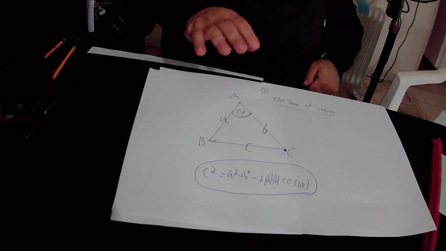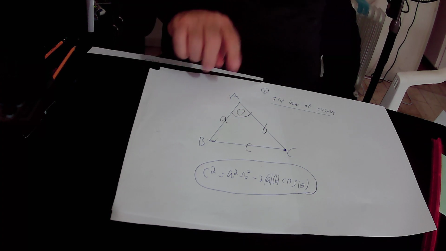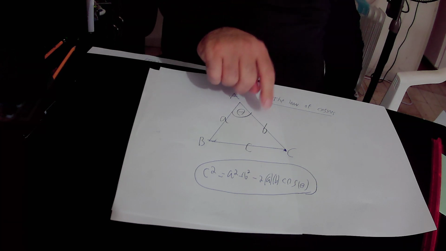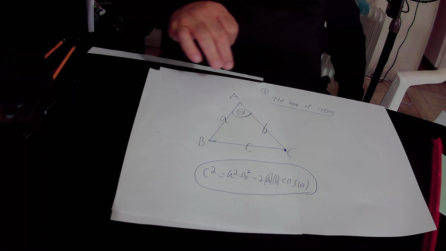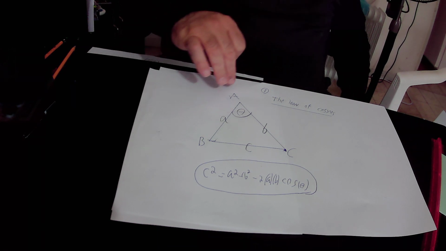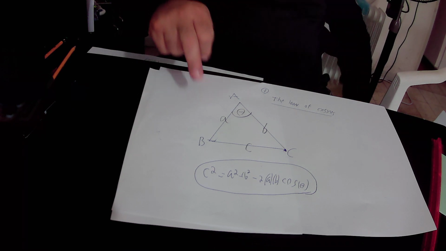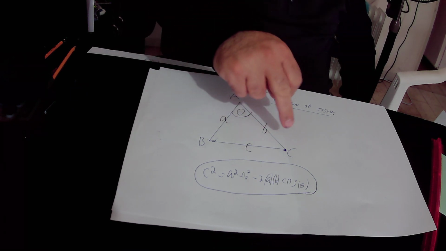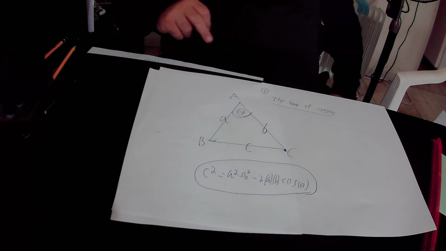If we have triangle ABC, which could be any triangle, side AB equals a units in length, side AC equals b units, and side BC equals c units, and the angle between side AB and side AC is theta, then according to the law of cosines, c squared equals a squared plus b squared minus 2 times a times b times cosine theta.